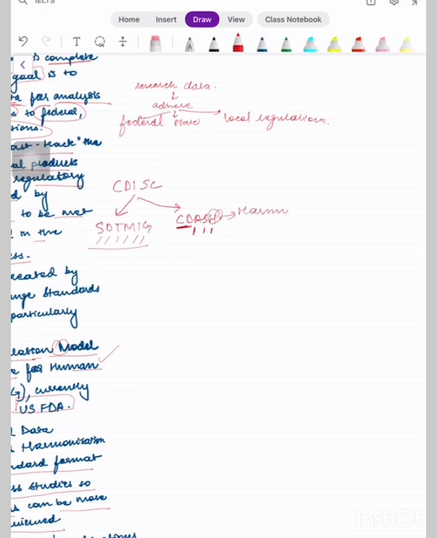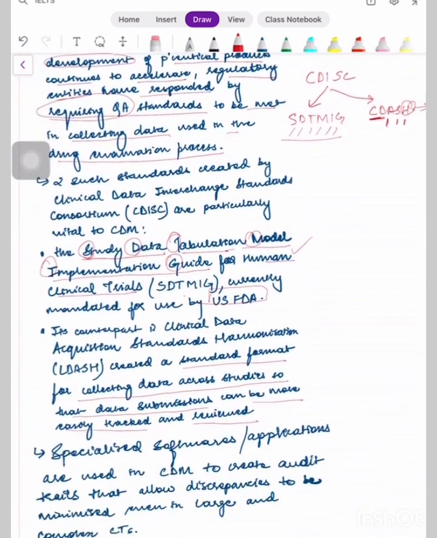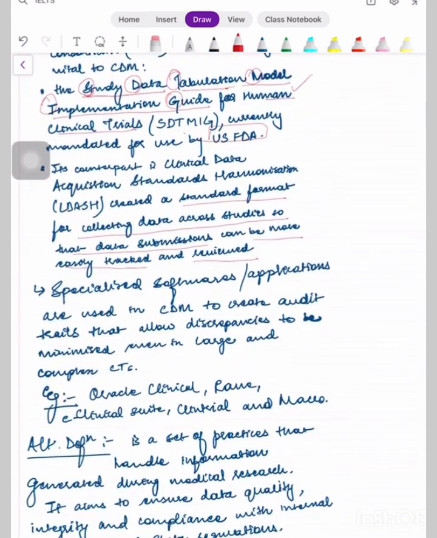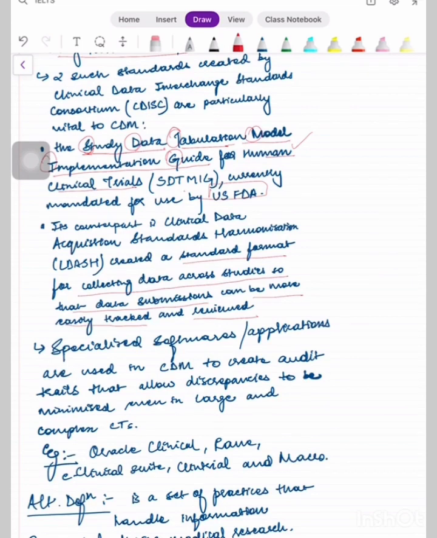Wherever harmonization is mentioned, it means they're trying to do something universal, which helps to unify different rules on a global platform so that there is no confusion and time wastage while tracking different regulatory bodies. What they are doing here is creating a standard format for collecting data across studies so that data submission can be more easily tracked and reviewed.